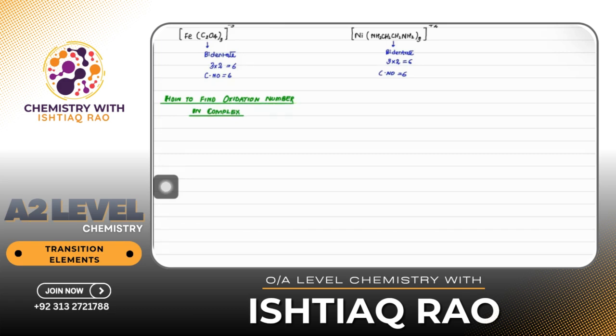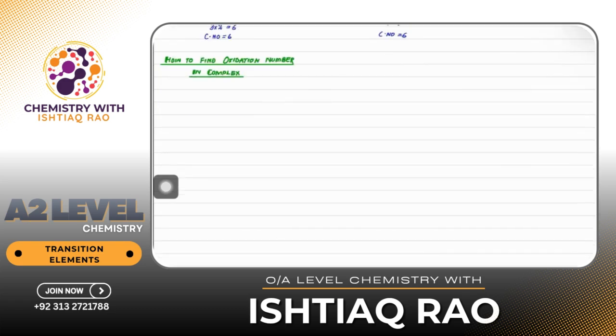Okay. So let's say I'm gonna tell you that it is going to be Fe(CN)6. Can you find out the charge on iron? Find the oxidation number of iron.